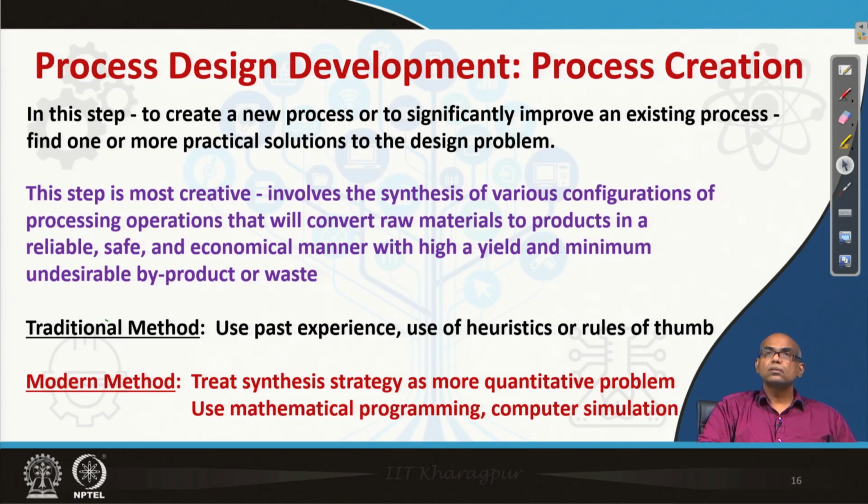Traditional methods use past experience, use of heuristics or rules of thumb. Modern methods treat the synthesis problem as a quantitative problem and use mathematical programming, computer simulations to come up with best solutions or more optimal solutions.